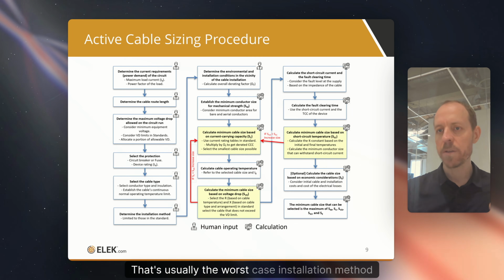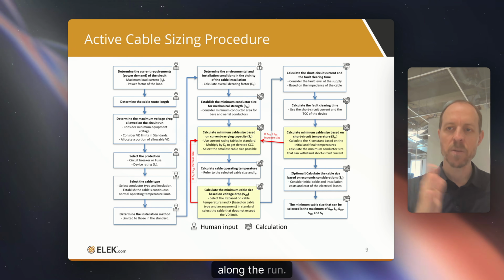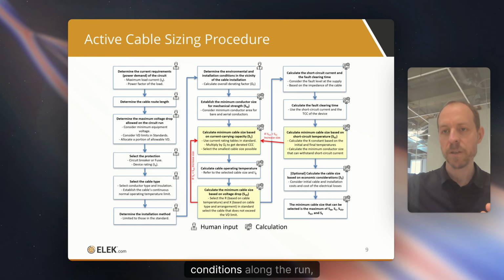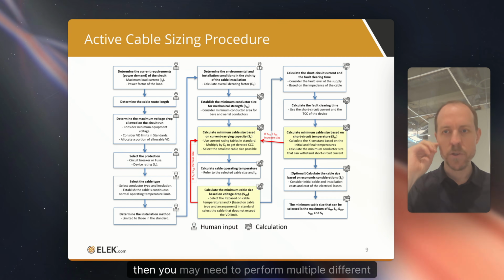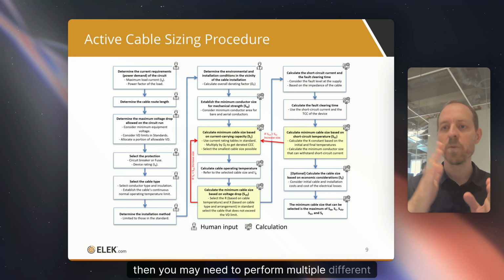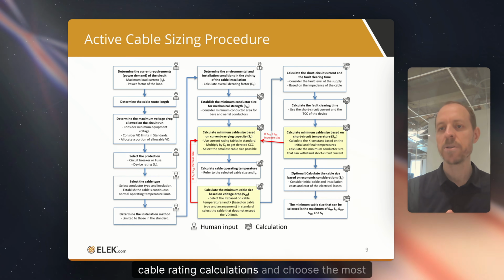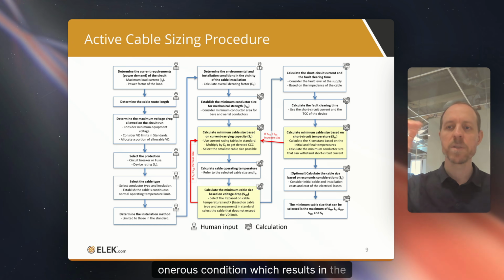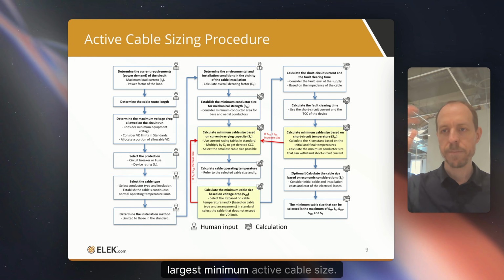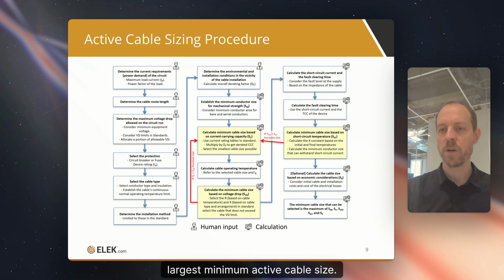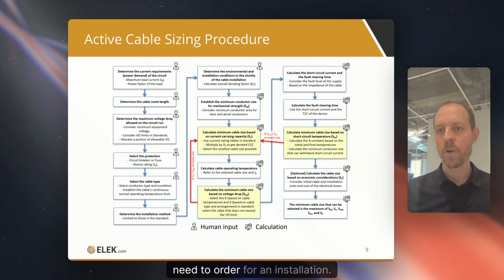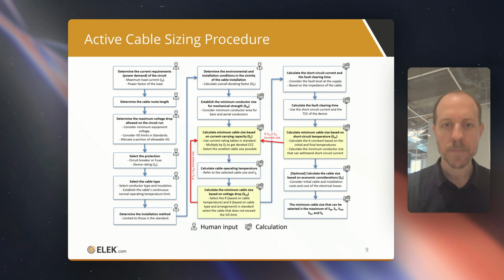That's usually the worst case installation method along the run. Now, if there are multiple installation conditions along the run, then you may need to perform multiple different cable rating calculations and choose the most onerous condition, which results in the largest minimum active cable size. And that's going to dictate the cable that you need to order for an installation.